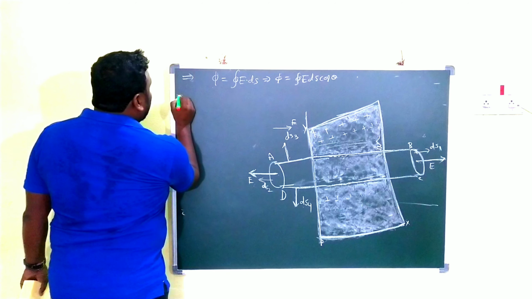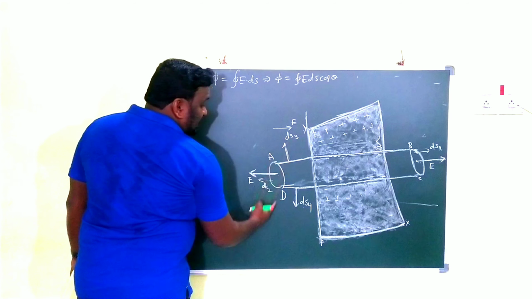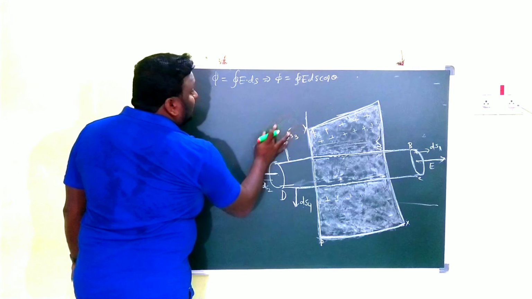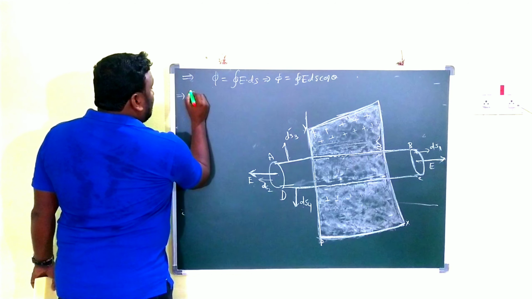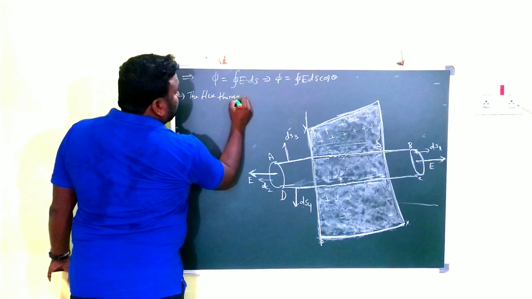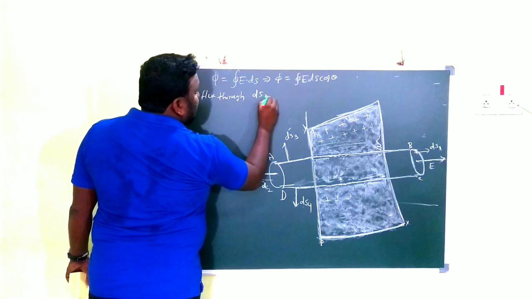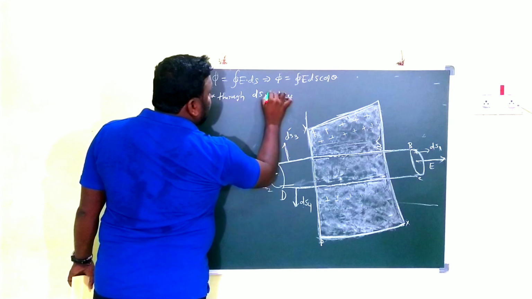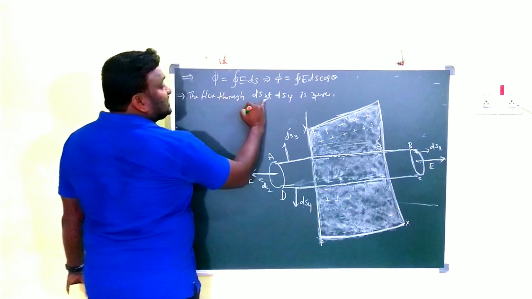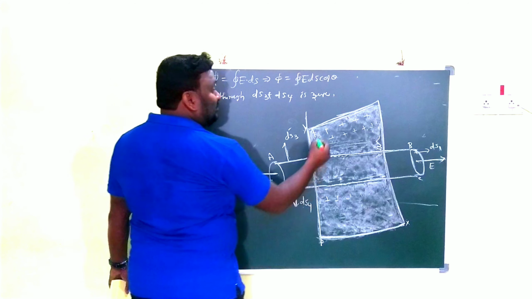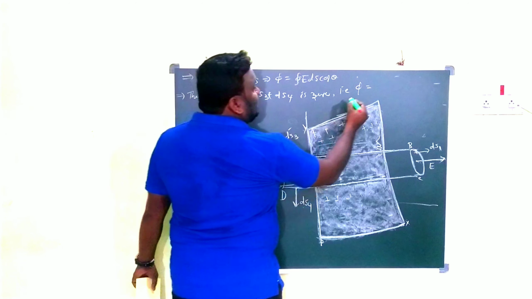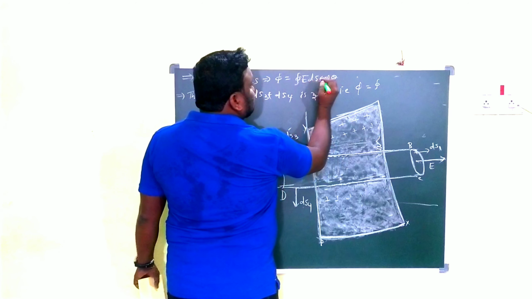Already I am telling you, how are ds3 and ds4 with the electric field? They are perpendicular. That's why the flux through ds3 and ds4 is 0. Why? Because phi is equal to the closed integral E ds cos theta.